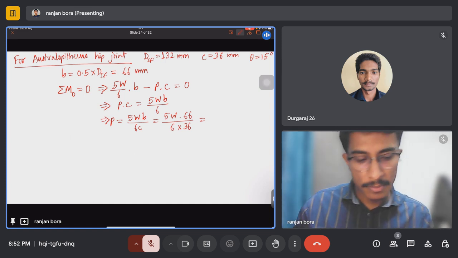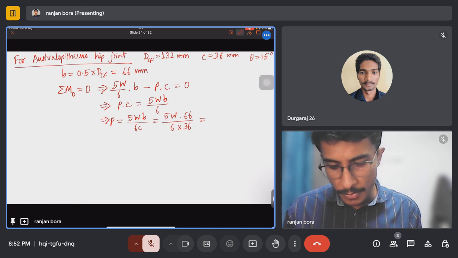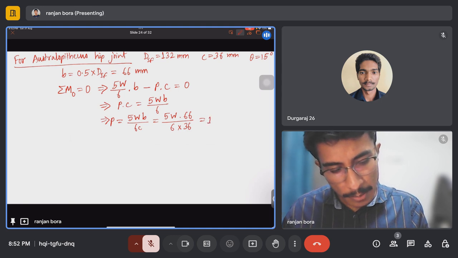What will be its value? 5 into 66. This value will be 1.53 W.